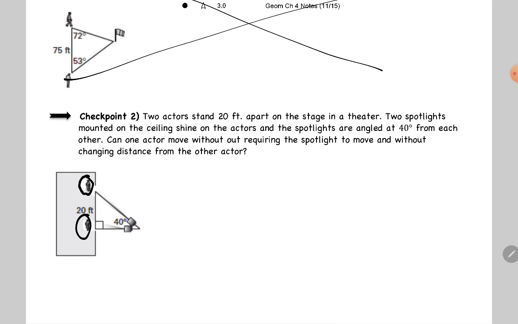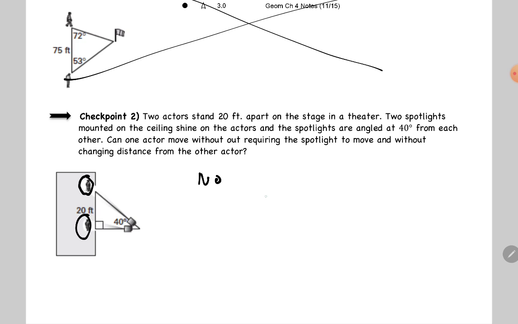Can one actor move without requiring the spotlight to move and without changing distance from the other actor? So this is a no. One actor cannot move without either moving a spotlight or changing distance from the other actor.